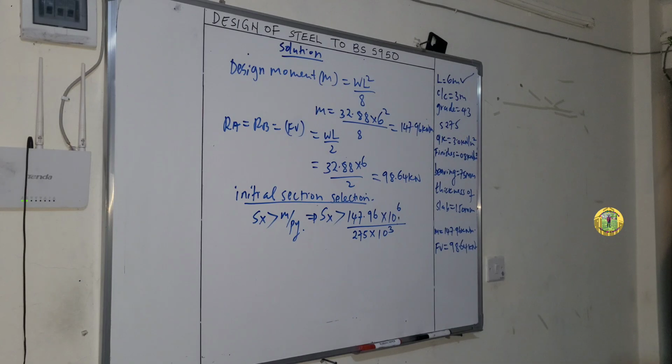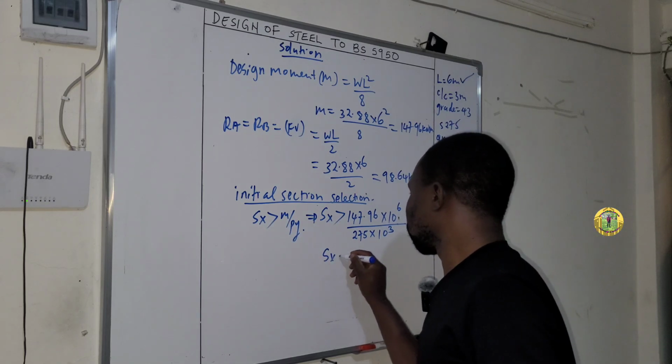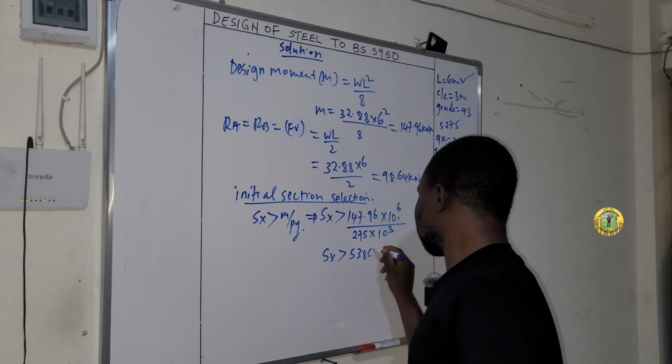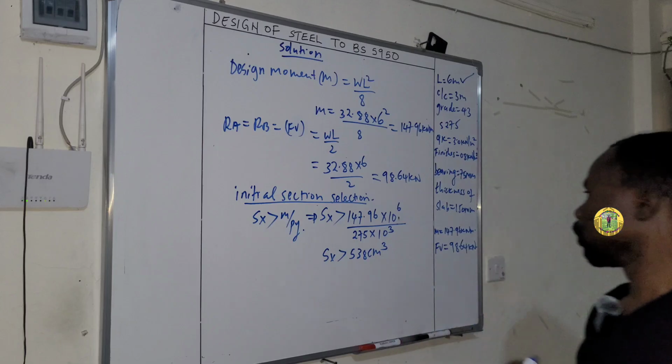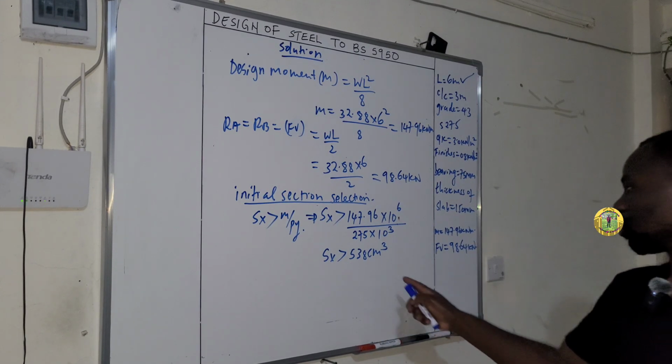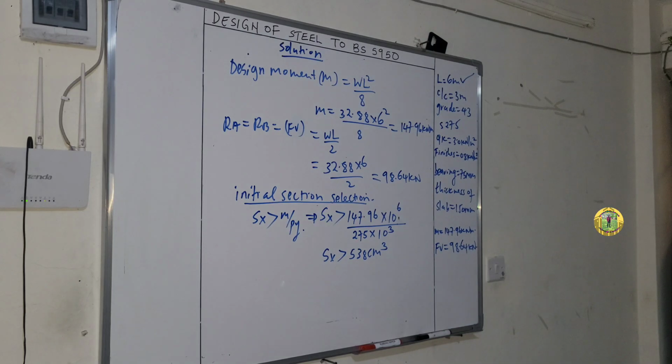So 147.96 times 10 to power of 6 divided by 275 times 10 to power of 3, you get 538 centimeter cubic.